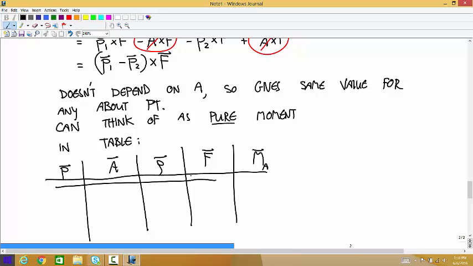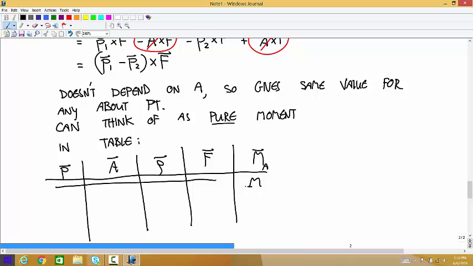The forces cancel each other because you have one positive and one negative. All this stuff is used to calculate the row vector based on what the about point is. That doesn't matter here, and so you just end up adding this moment M in the last column. So that's what we're going to do with couples.